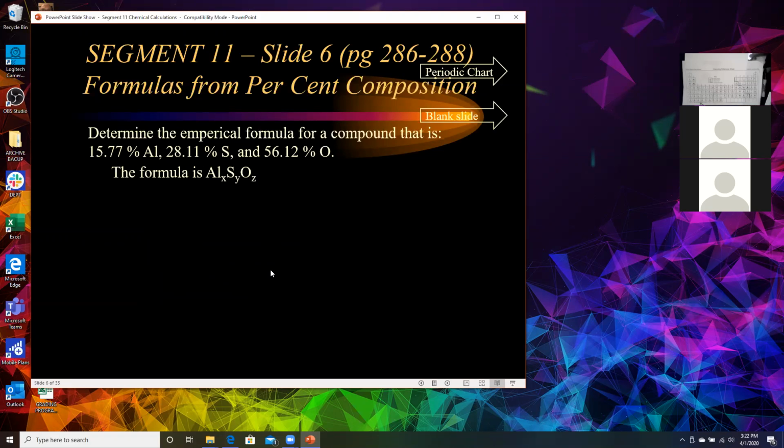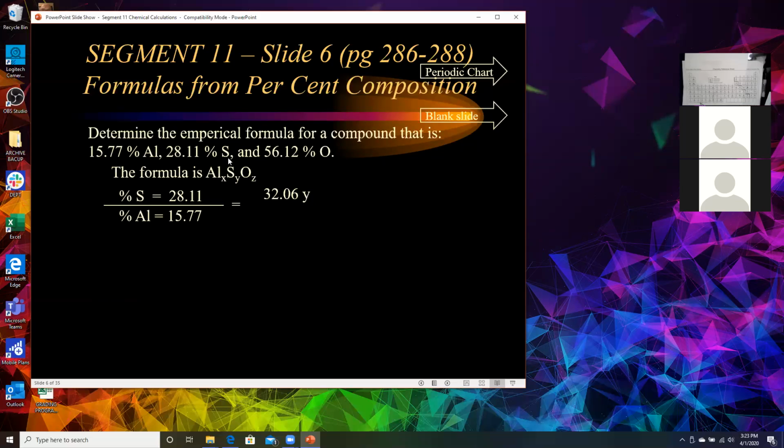Okay, let's look at some others. Here's a compound, again, with aluminum and sulfur. Again, I'll set it up the same way. I have X aluminums, Y sulfurs, and Z oxygens. So I'm going to ratio these percentages. And what that's going to be is, notice what I've done. Sulfur's on the top, and I want the sulfur values to be on top.